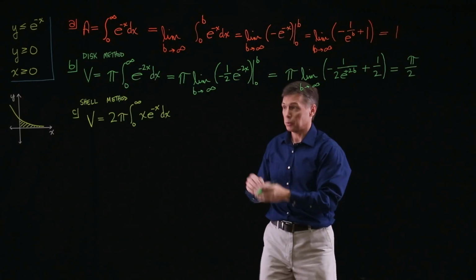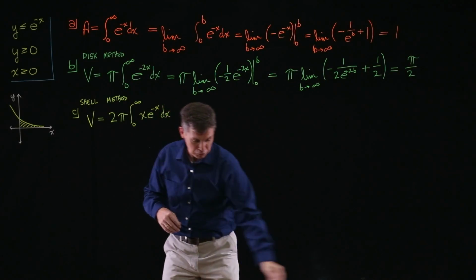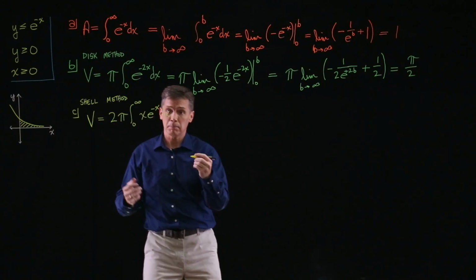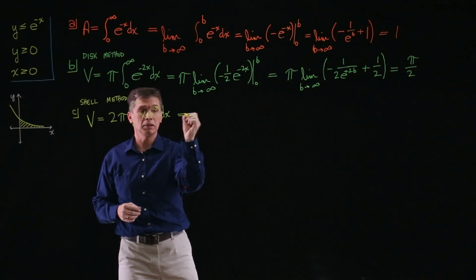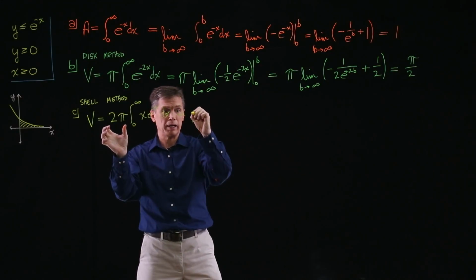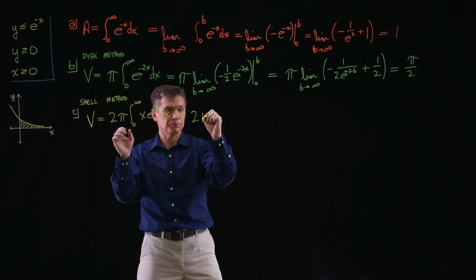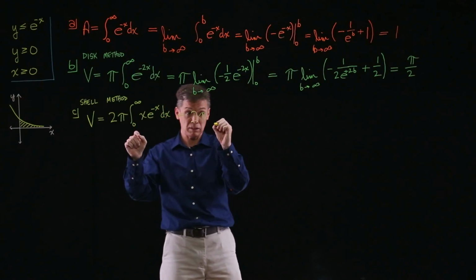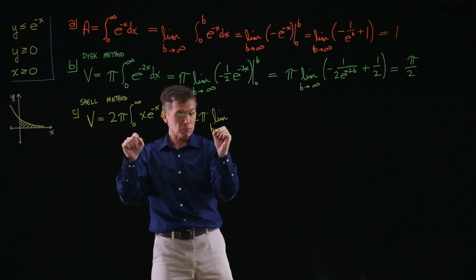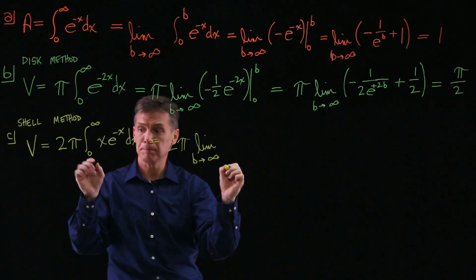Okay, last one. They saved the best for last for us here, I think. Again, here's our formula from the shell method, but as soon as I get into this one, a little bit of work on this one. I've got my 2 pi out in front, and my limit in order to address the indefinite integral as b goes to infinity.